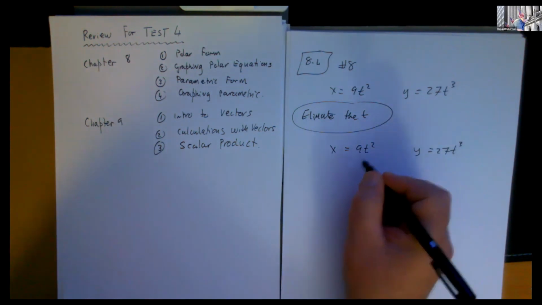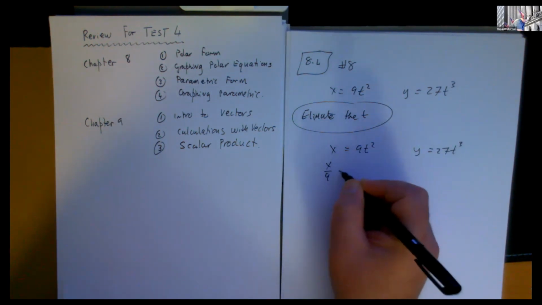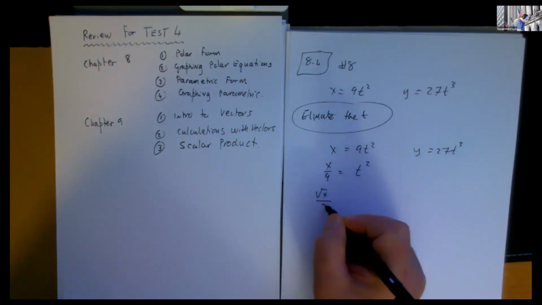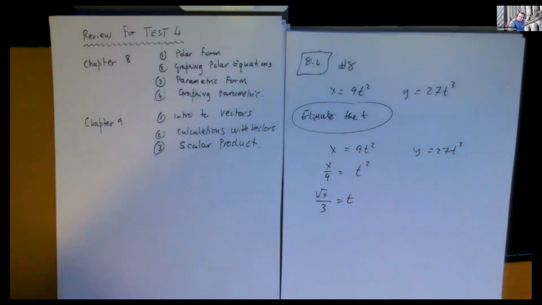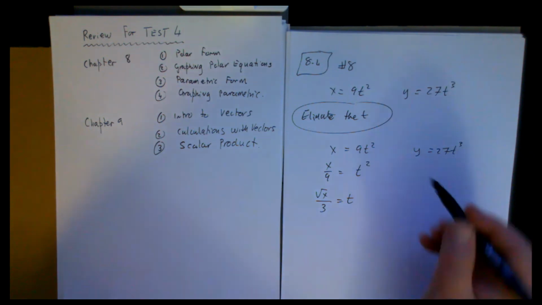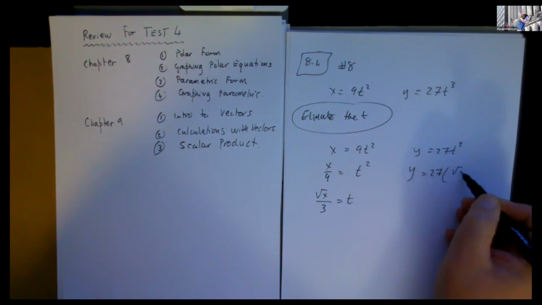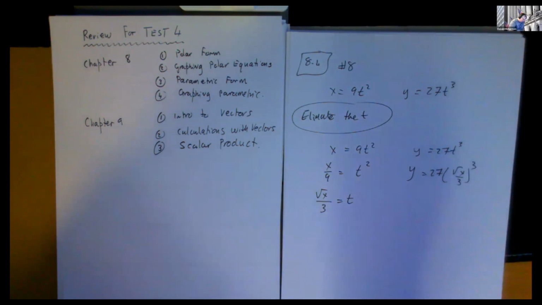If I take this guy, you can go x over 9 is t squared. And that makes t, assuming t is positive, the square root of x over 3. You agree? Yeah. So over here, I can then do 27 times t cubed.